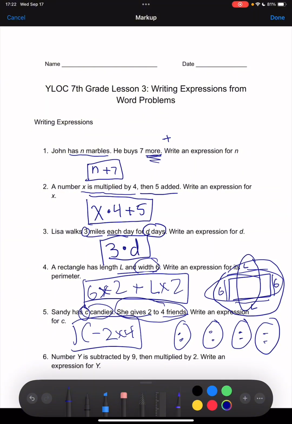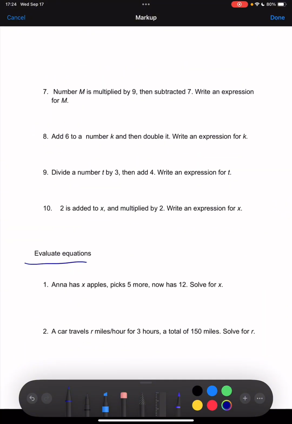And now you guys are going to work on number 6, 7, 8, 9, and 10 by yourself. Anna has X apples, picks 5 more, now has 12. Solve for X. Okay, so we know that she had X apples, picked 5 more, keyword here, more usually indicates addition.